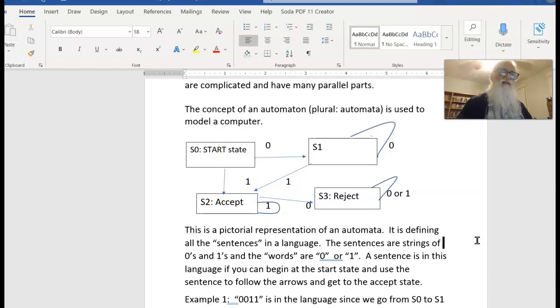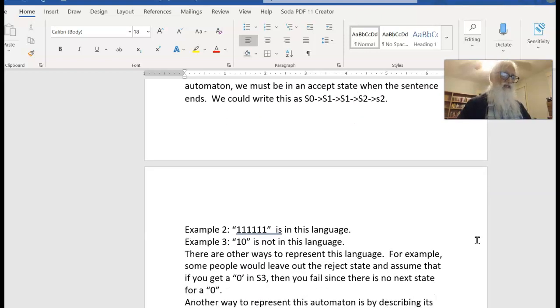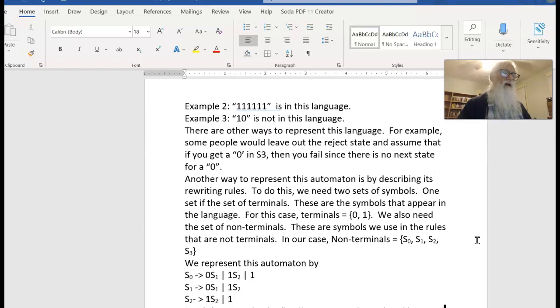Now from S1, I can replace S1 with 0 S1 or with 1 S2. And S2 can either stay in S2 and go 1 S2, I just keep piling on more 1s, or it can stop with 1. When the right-hand side becomes entirely terminals, we're finished.